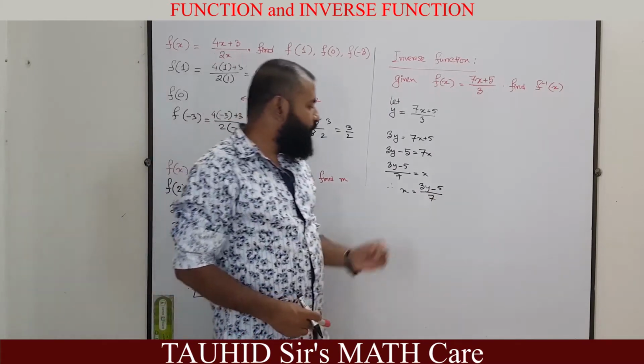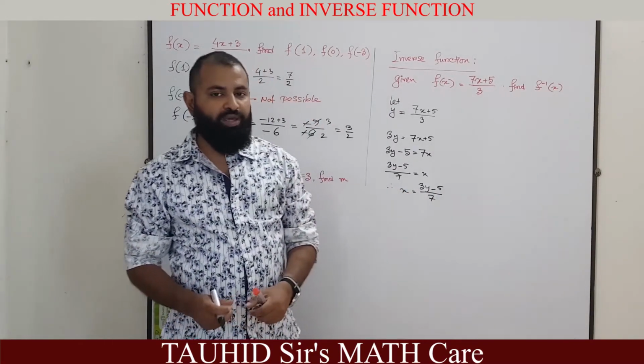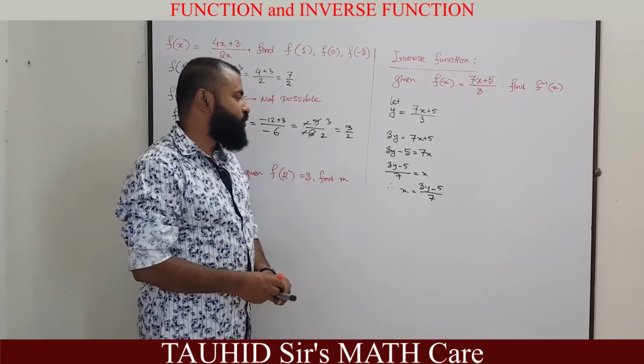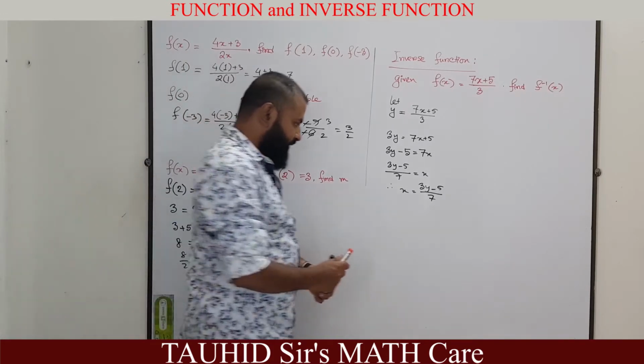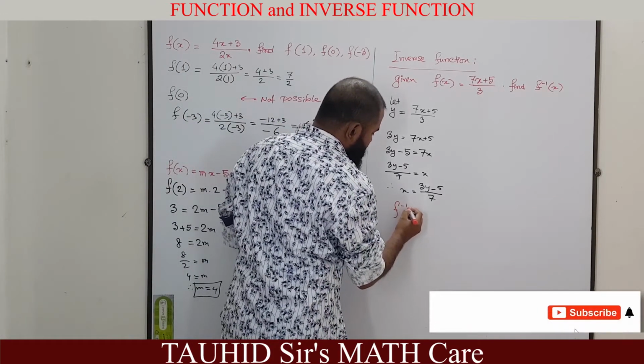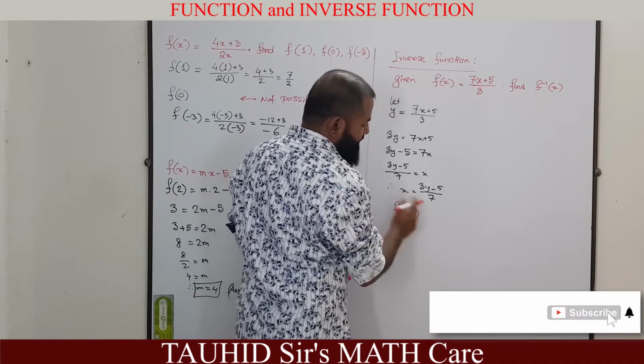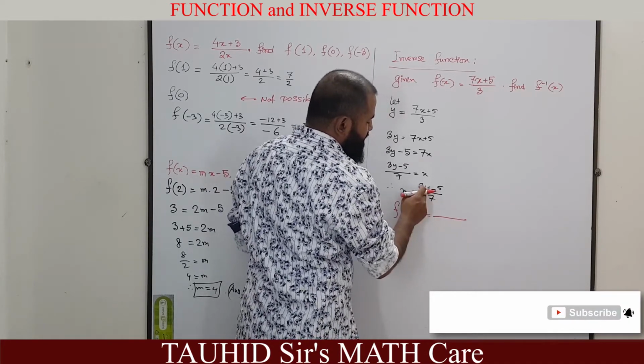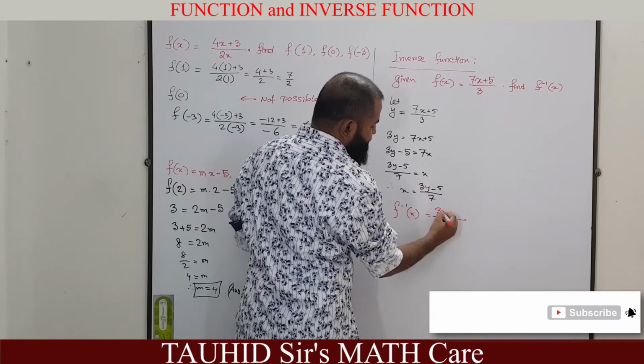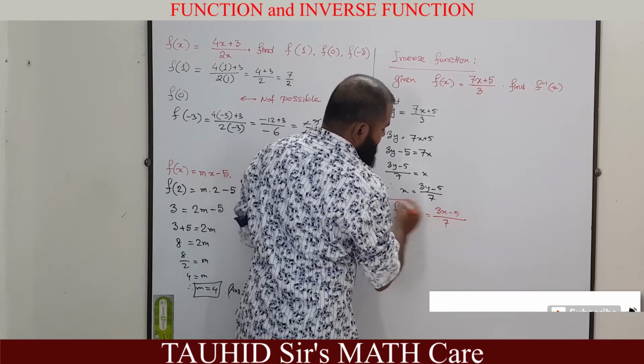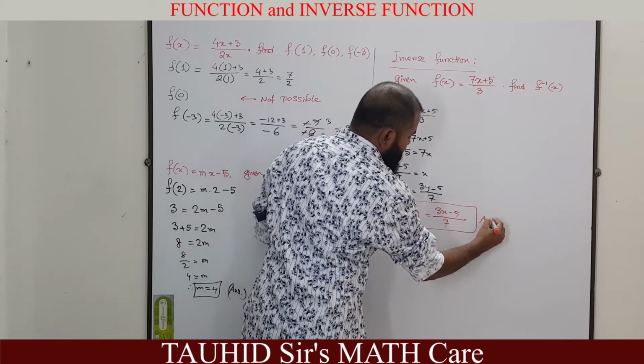We have now an expression of x in terms of y. What we shall do next is very easy. We simply put f inverse x in place of x and we will put an x in place of y. This is our inverse function.